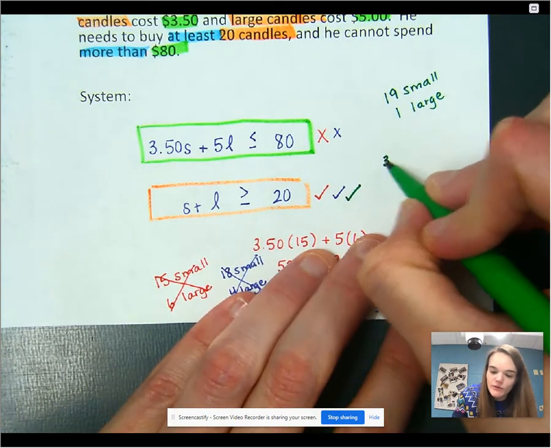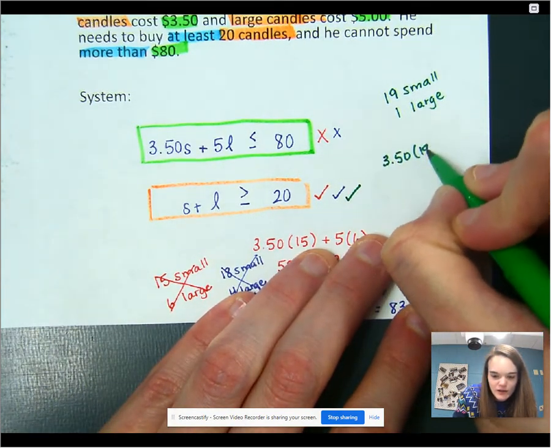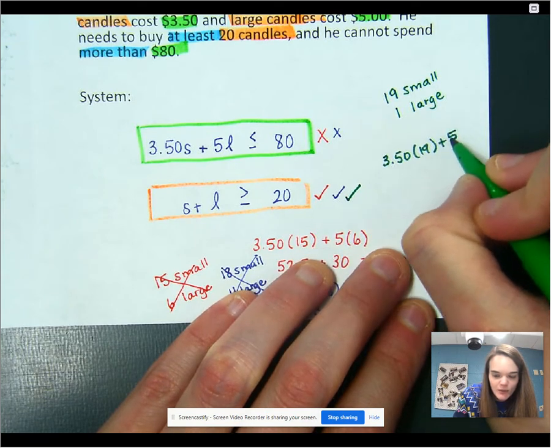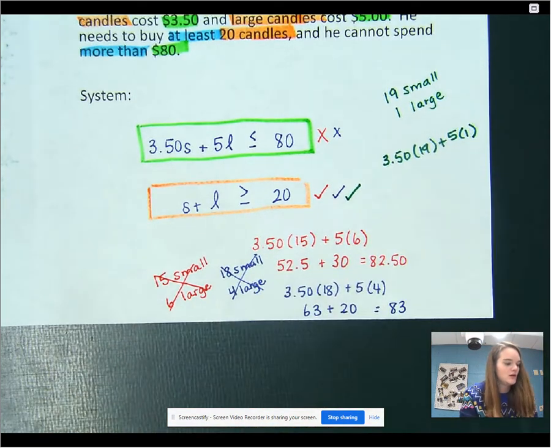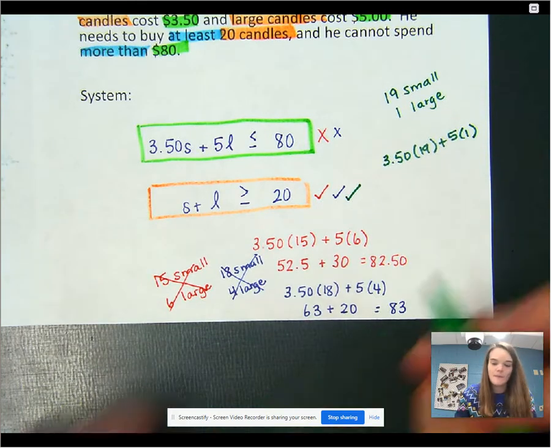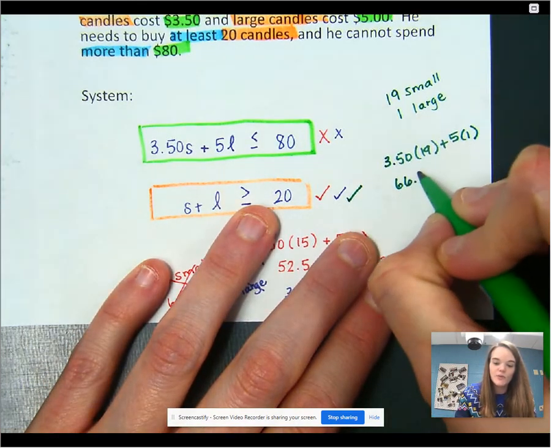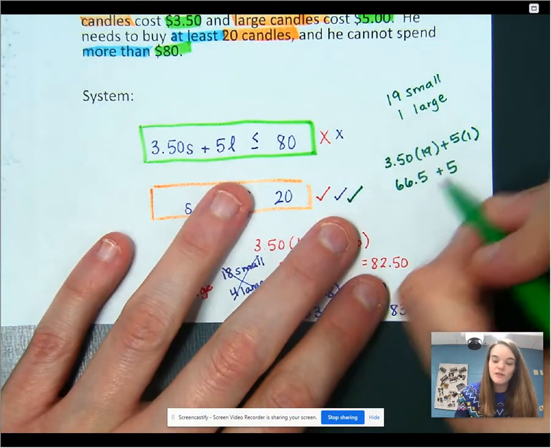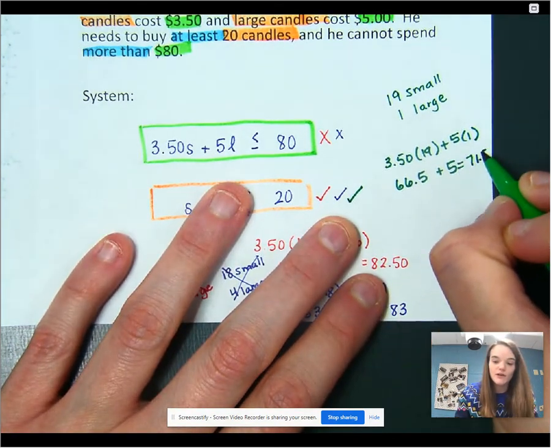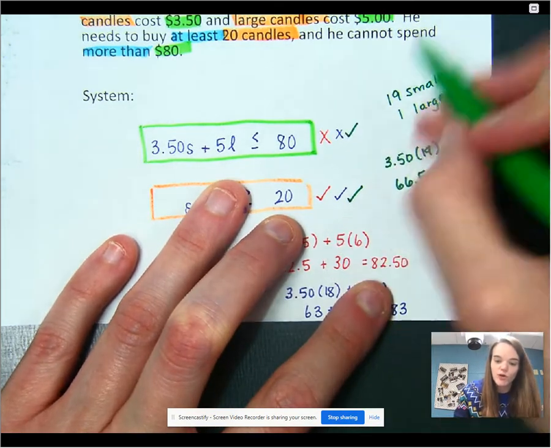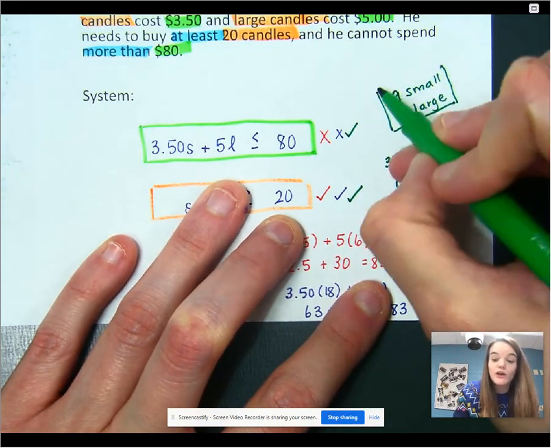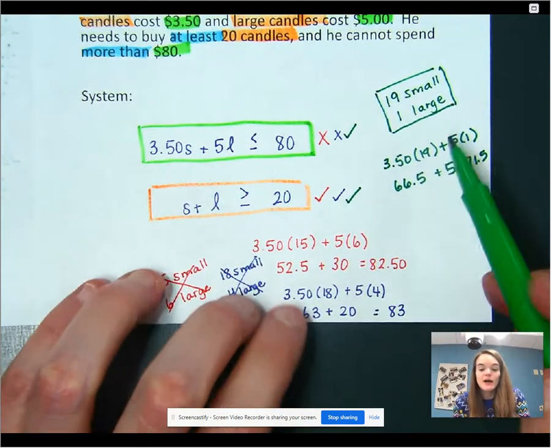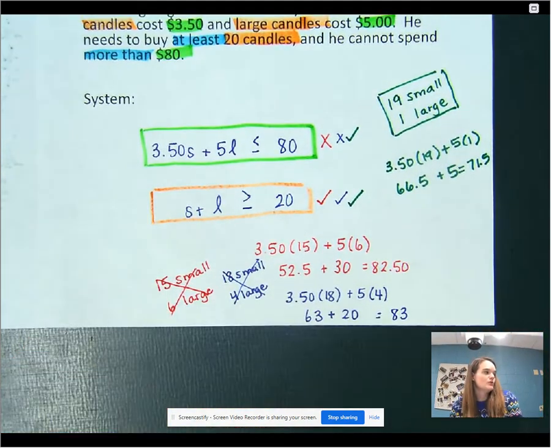Now, 3.50 times 19 plus 5 times 1, that's 66.5, plus 5 is 71.5. He is under budget. That one works. That means there is more than one solution, by the way. But that means this is one of the solutions, okay? It is only a solution if it works in both places.